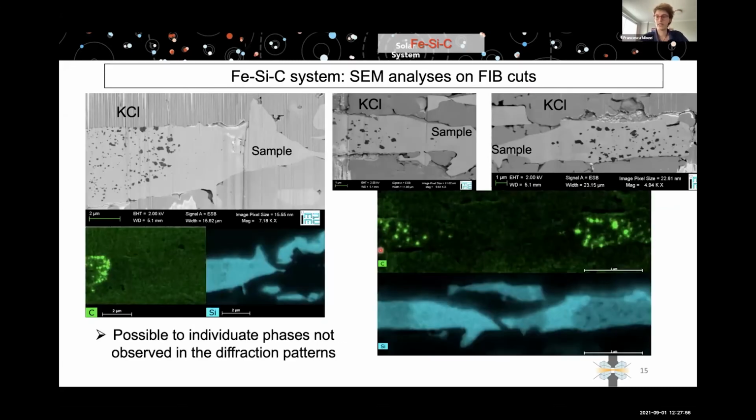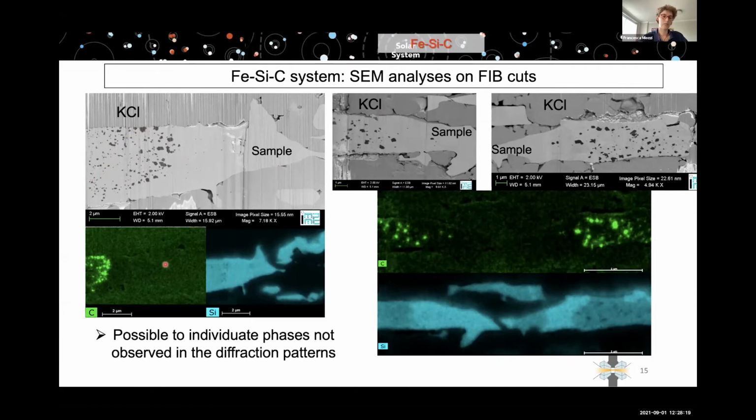Finally, we have here some of the images we took with the scanning electron microscope on the FIB cut. We have the sample and the pressure medium, and these are 2 different compositions. And it was possible to observe these darker patches. Considering the chemistry of the system, these patches could correspond to carbon or silicon carbide.